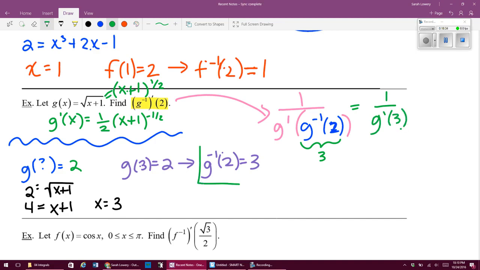So this point, you have to find that point. And you find that point by setting your original equal to the function value you're trying to find the inverse of. And guys, I know that's extremely weird to think about. So now I'm just going to evaluate my derivative at 3. So down here in the bottom, I'm literally saying 1/2 3 plus 1, and this one ends up being kind of cool.